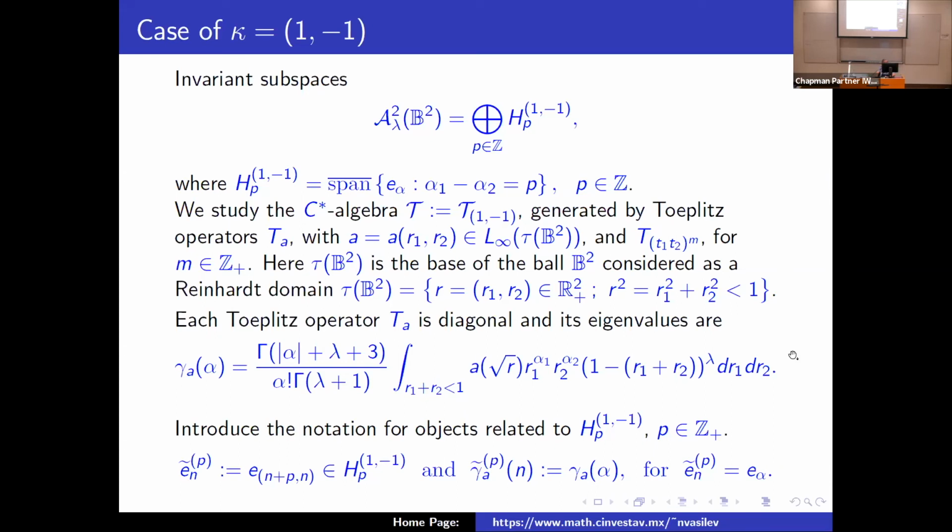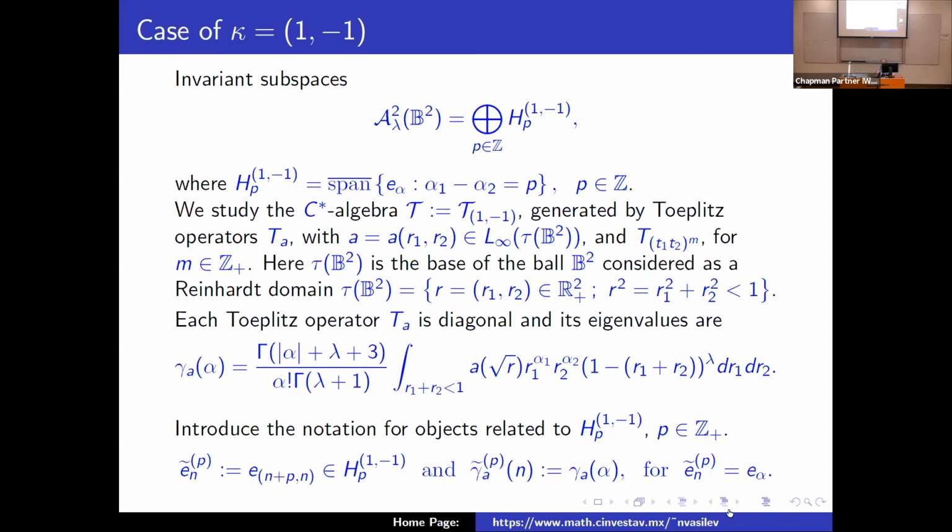And what we do, we just introduce some notation related to any invariant subspace. Alpha 1 and alpha 2 have a difference P, so we denote by E tilde N P this basis element whose alpha 1 and alpha 2 differ by P. And this would be the element of the sequence for the corresponding basis element.